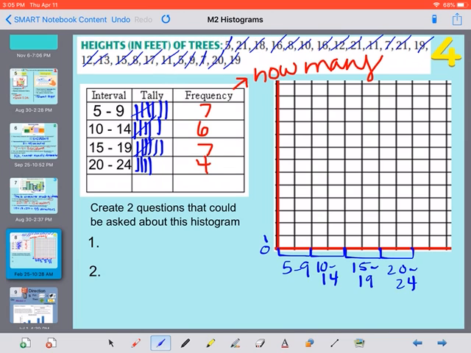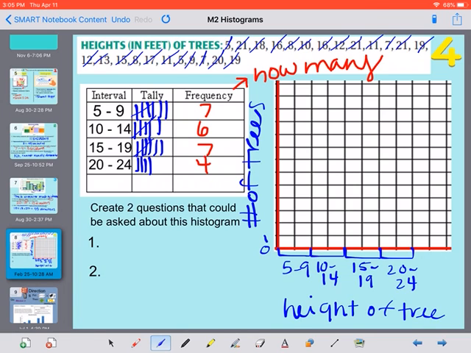So on this side, we have number of trees. And down here, we have height of trees. Because 5 to 9 feet is what we're talking about, right? So 0, 1, 2, 3, 4, 5, 6, 7, 8, 9. I'm just going to go up to 10 because we don't have any numbers higher than 10.